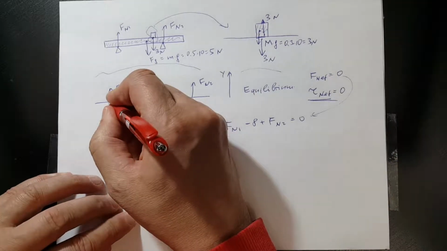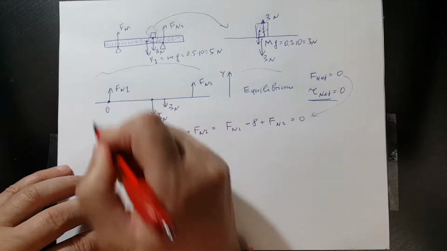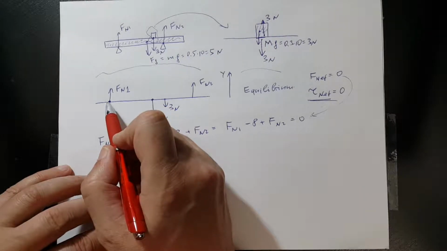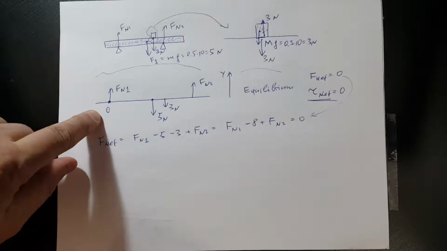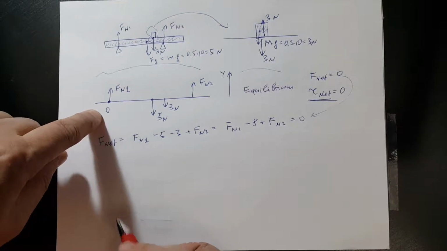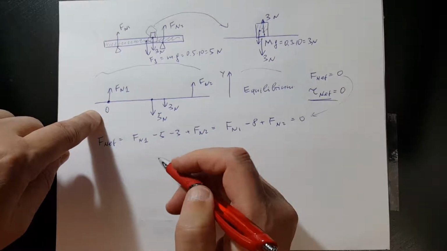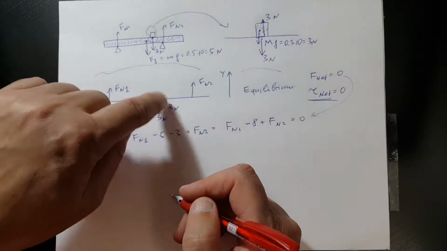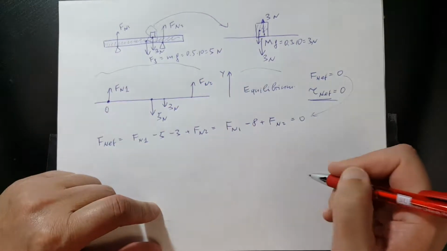So let's choose it, according to the rule of thumb, at the location of the unknown force. So now, relative to this origin, to this axis of rotation, we can write the magnitude of the torque due to each of these forces.